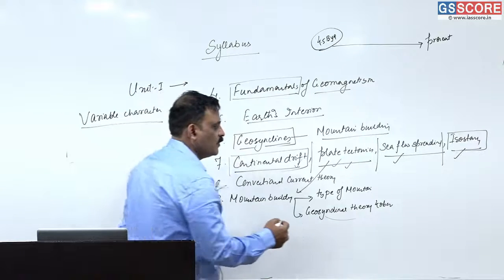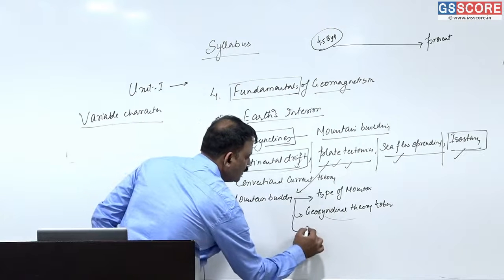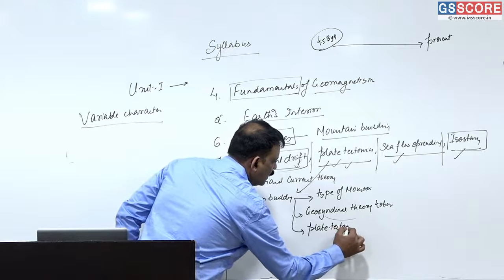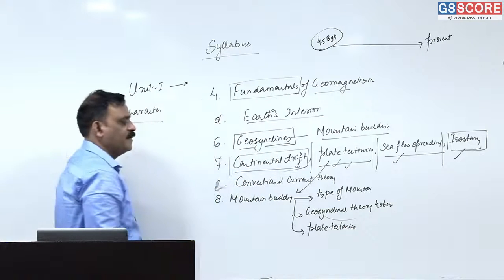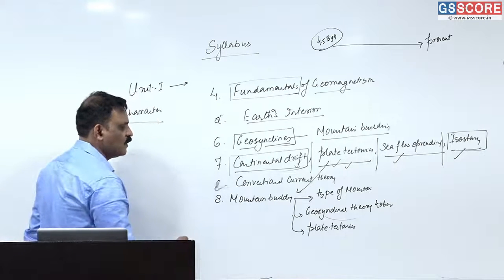Okay, so types of the mountain, geosynclinal theory of the Kober, and also you are expected to study about plate tectonics, that how plate tectonics contributes in our understanding related to the development of the mountains. And you can also have some recent ideas about mountain building.